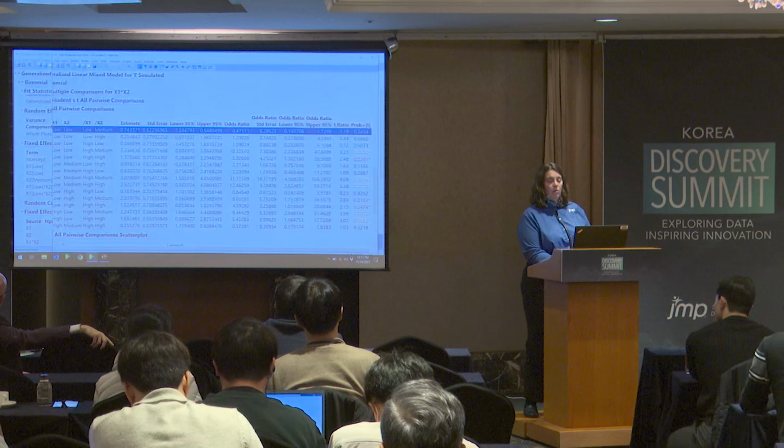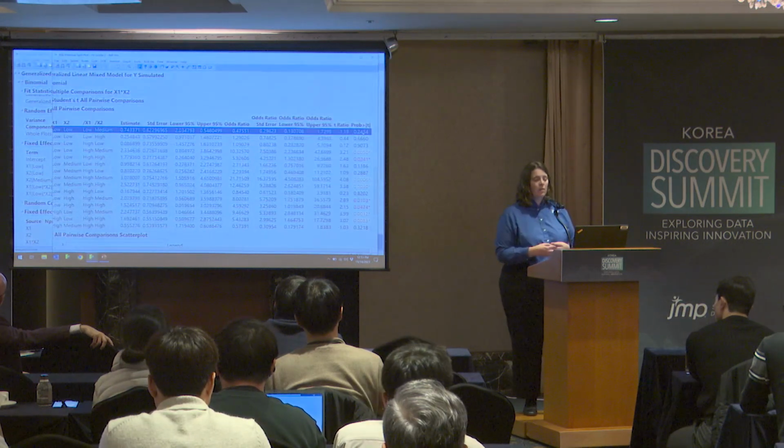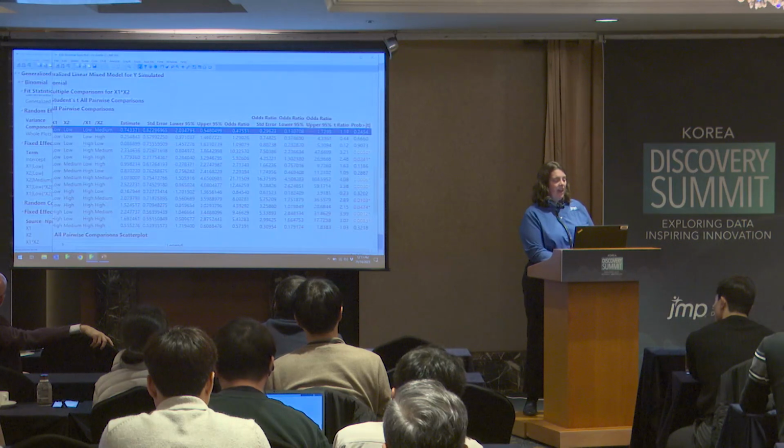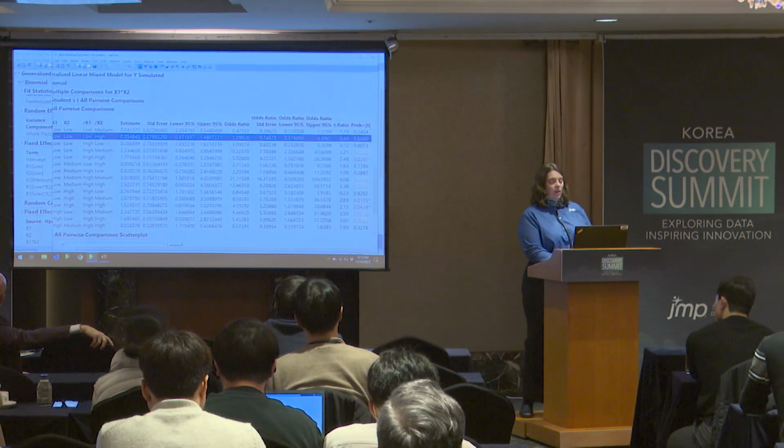But when we look over, we see that that's not statistically significantly different. If I take a look at the low versus the high, in this case, if I'm at the high level, I'm at 1.29 times more likely to have a passing part than if I was in the low level. But again, this is not statistically significantly different.